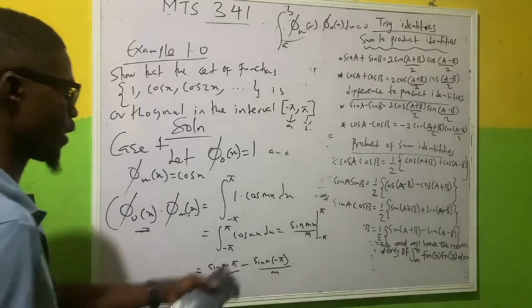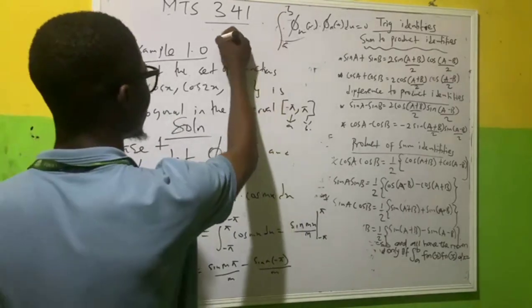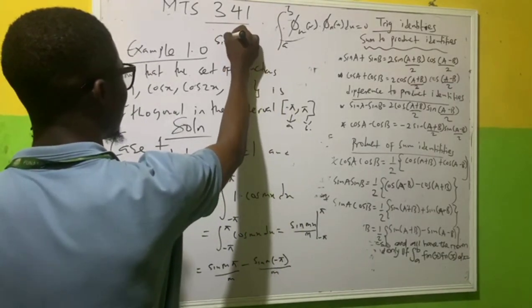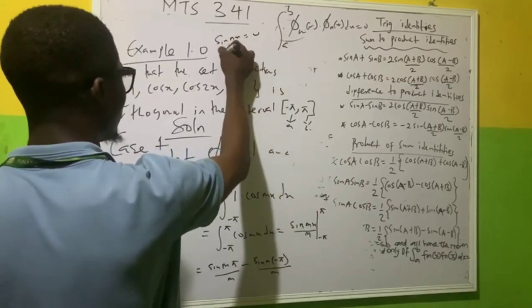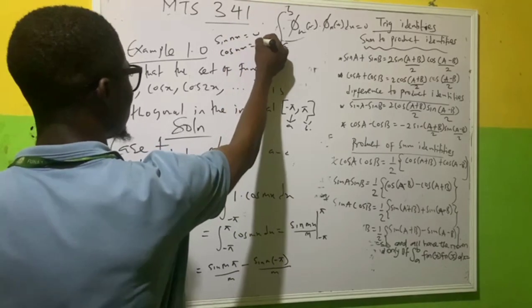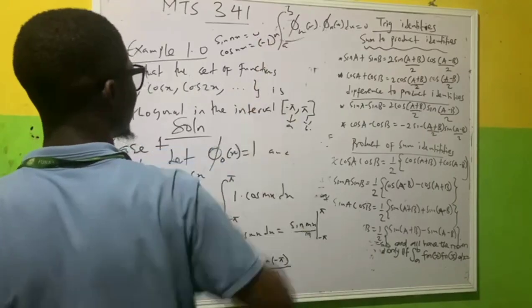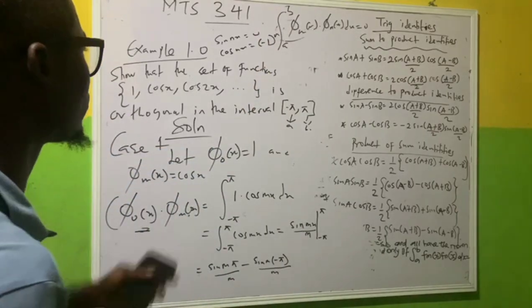So it's subtract. Note that whenever you have sine nx, it's automatically equal to 0. When you have cos nx, it is minus 1 raised to power n, which is a constant. So master this.